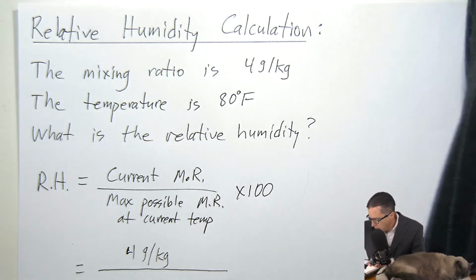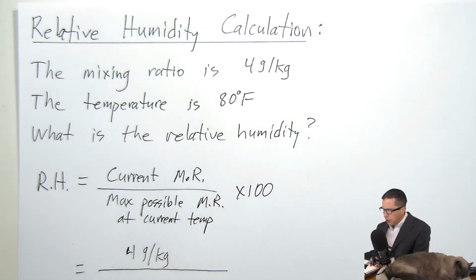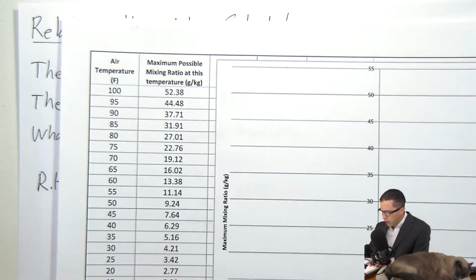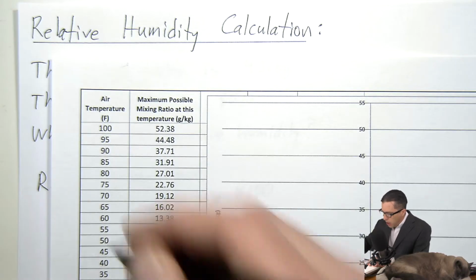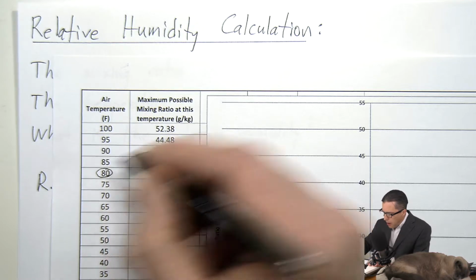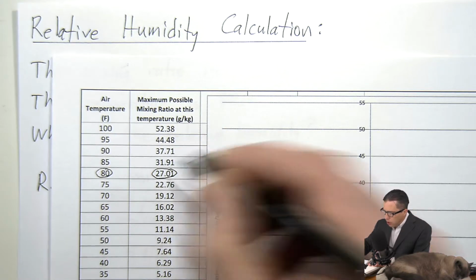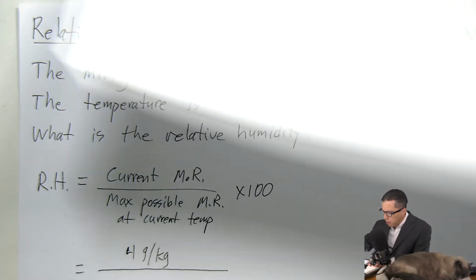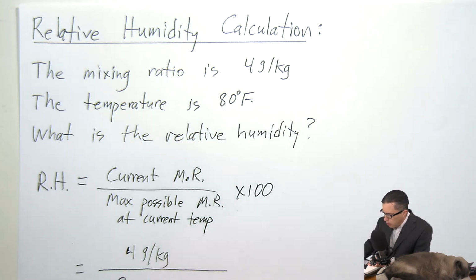Now, the maximum possible mixing ratio at the current temperature. The temperature is 80 degrees, so I've got to go back to the graph that we used last time. Here's 80 degrees. The maximum possible mixing ratio is 27.01 grams per kilogram. So I'm going to put that in: 27.01 grams per kilogram times 100.